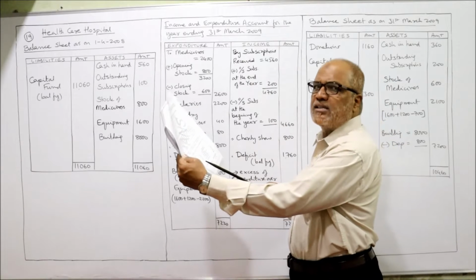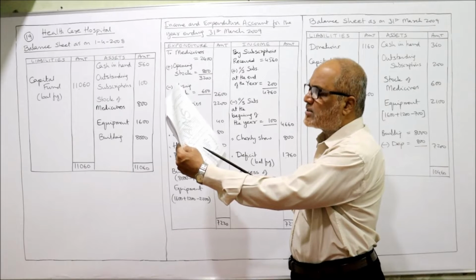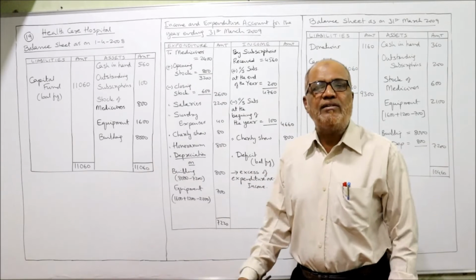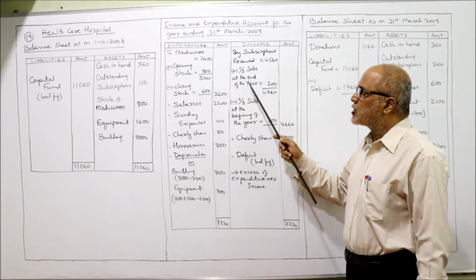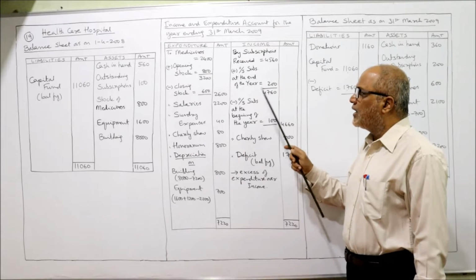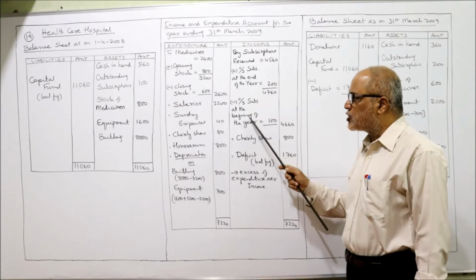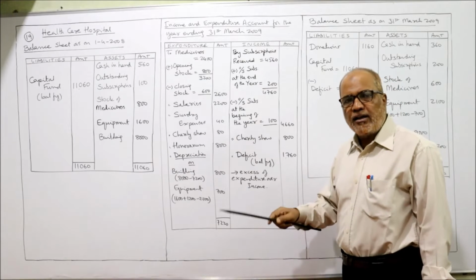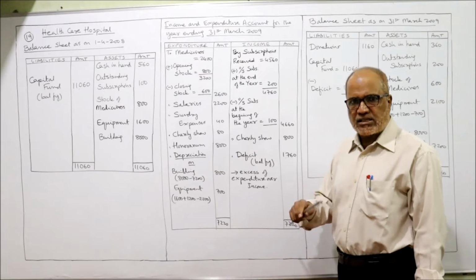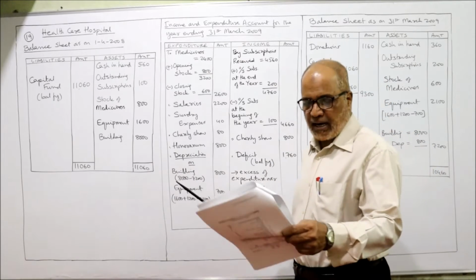It is given in receipts and payments account. 4,560 subscription received. To this, add outstanding subscription end of the year 200. Then minus outstanding subscription beginning of the year 100. So always current year outstanding we add, last year outstanding we subtract.